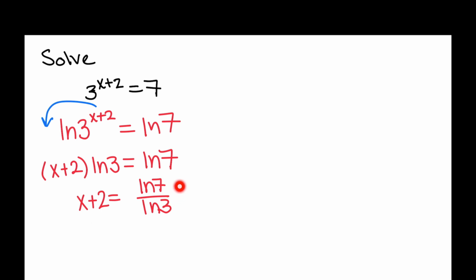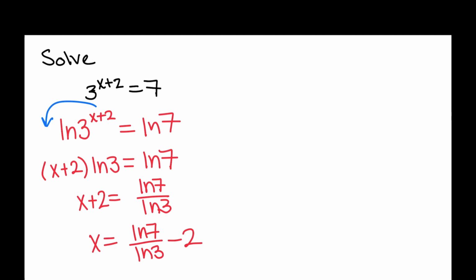Now I've got x plus 2 equals natural log 7 divided by natural log 3, and then I can subtract the 2. This is the exact same answer we got before. It's just that the change of base formula was actually done for us at the beginning of the problem. So x is natural log 7 divided by natural log 3 minus 2. This is something we could put into a calculator if we want to get a decimal approximation.